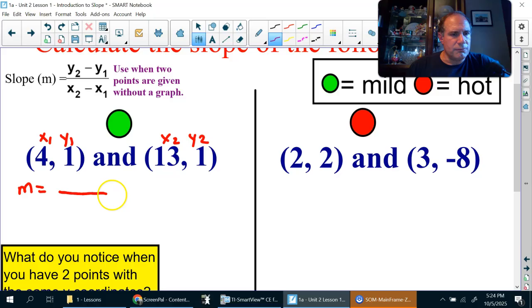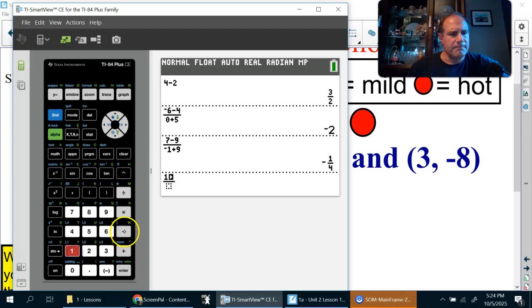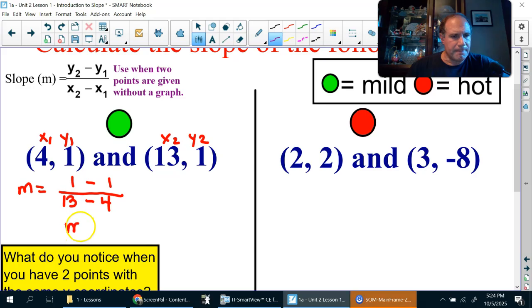But when you put that line in, just make sure the negatives are there. y2 minus y1 is 1 minus 1, and x2 minus x1 is 13 minus 4. And we're going to press enter, and we're going to get a slope of 0. So what kind of line is this? That is a horizontal line.